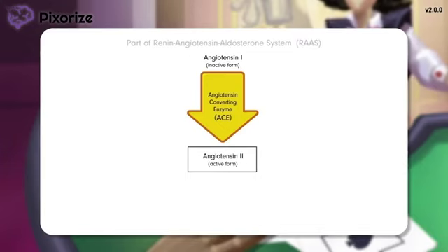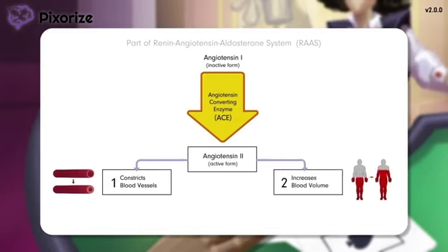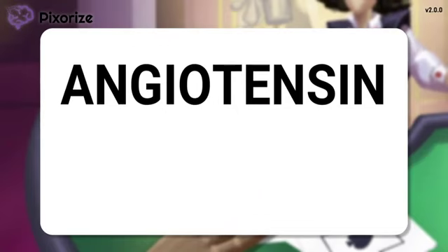While I won't go into the nitty-gritty details of the RAS here, you just have to know that active angiotensin 2 has 2 major roles in the body. 1, it acts to constrict blood vessels, and 2, it stimulates other hormones in the RAS to increase blood volume. As an aside, the first function is really easy to remember, since you can just examine the word angiotensin itself.